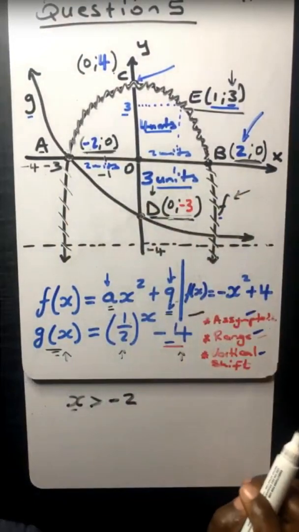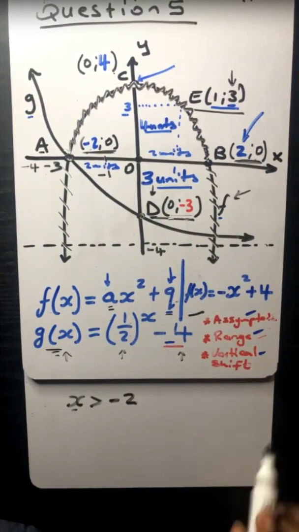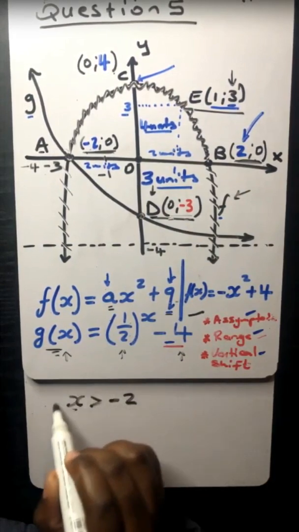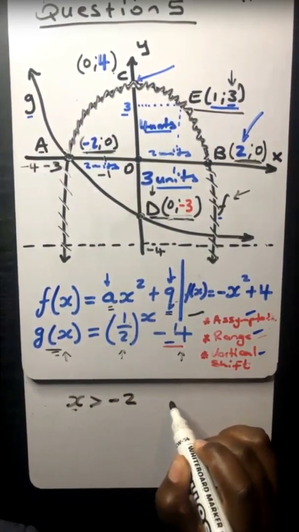Does it make sense, that part? Yes, sir. Okay, if it does, then this is the first part of your answer. You can also score a mark for that. That's another way of writing it.